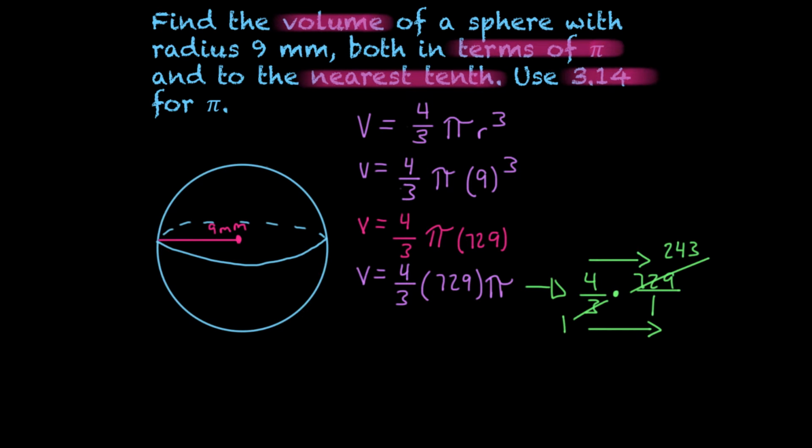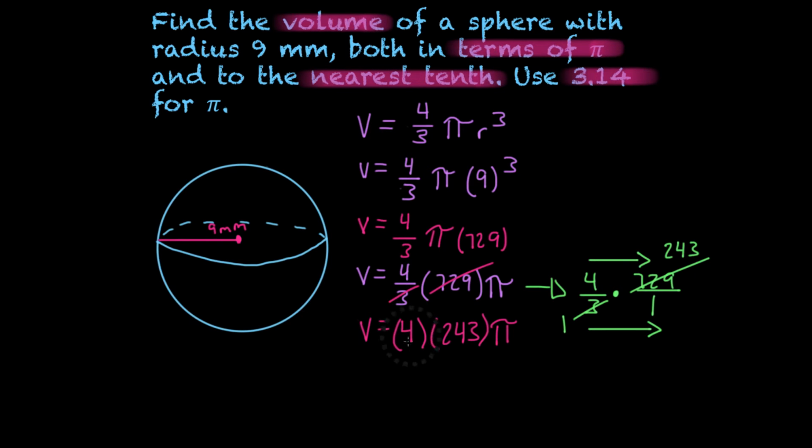So I'll change pen colors again and rewrite this as V is equal to, since I simplified the 3 and the 729, 4 times 243 times pi.